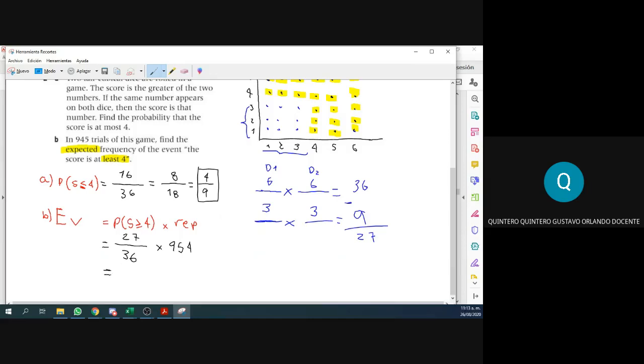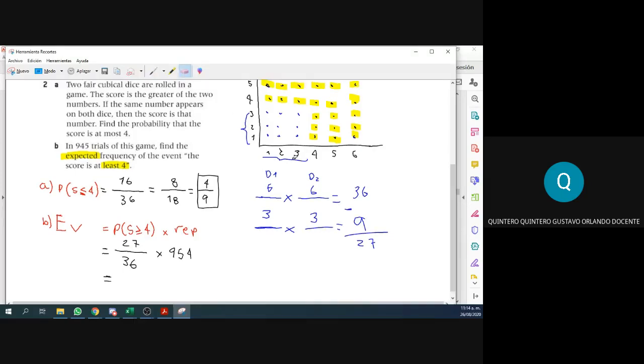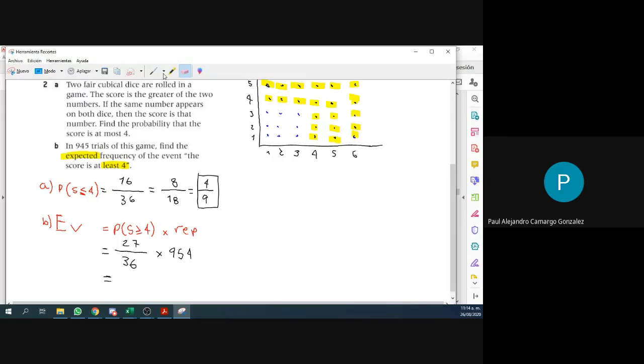All right. What is our expected value then? Can anybody help me with this in the calculator, please? Anybody? Profe, es 45.